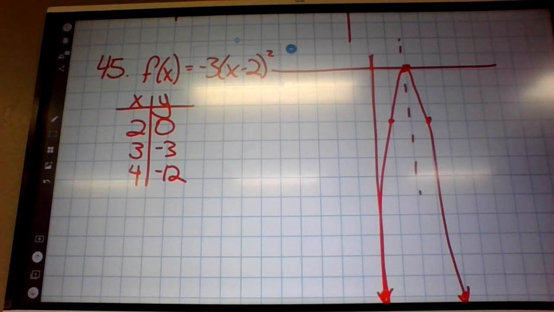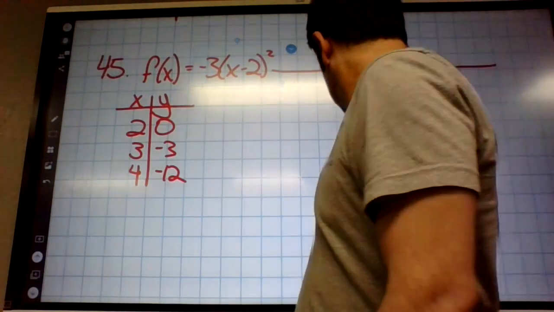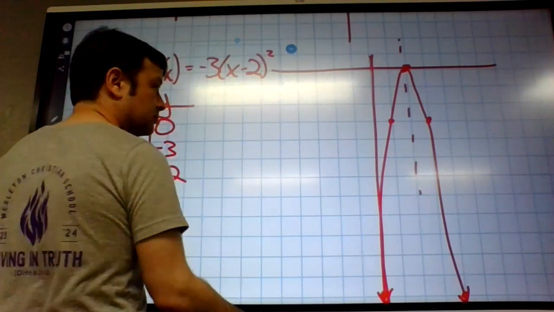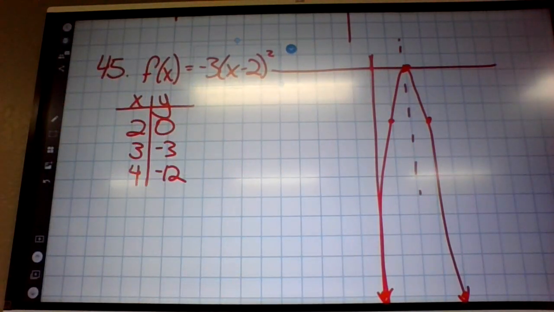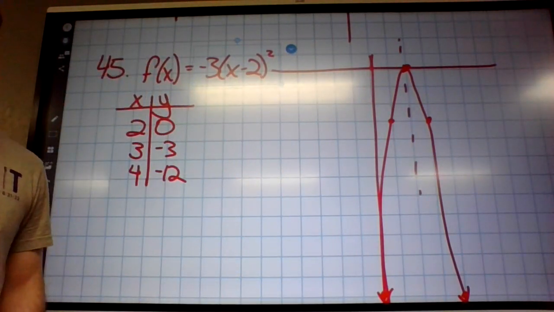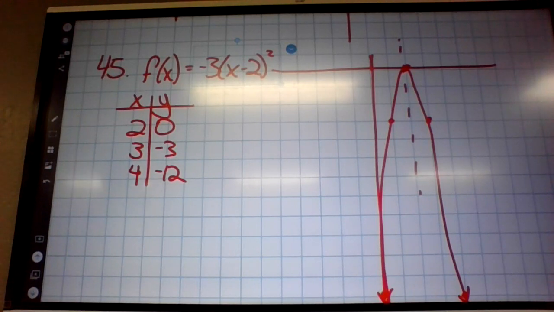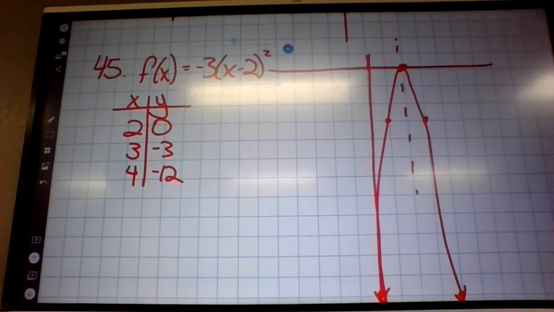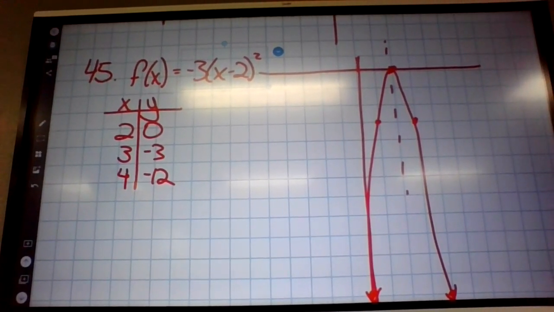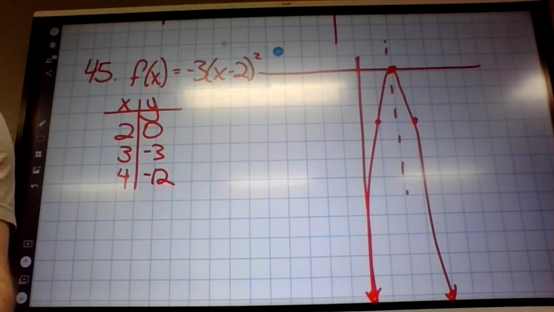Not my best drawing. What about the zeros? We don't have time for that. That's what we did Wednesday when we just set the whole thing equal to 0 and solved it.